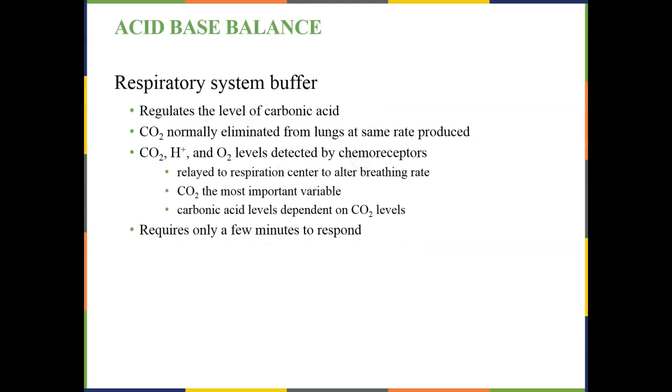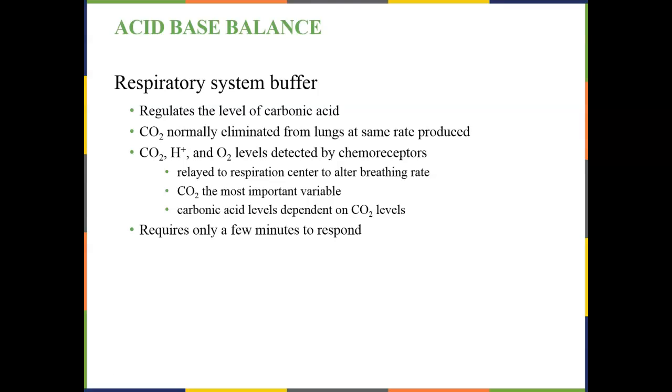Our respiratory system and our urinary system are both considered buffer systems. They both help to maintain our pH. So the respiratory system is going to regulate the amount of carbonic acid in our system.